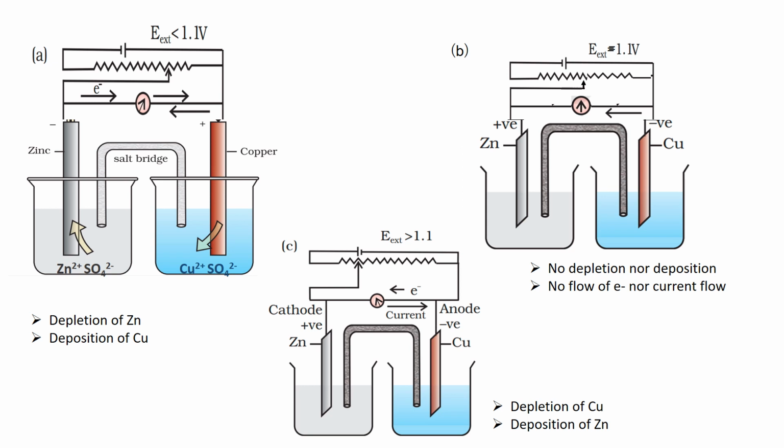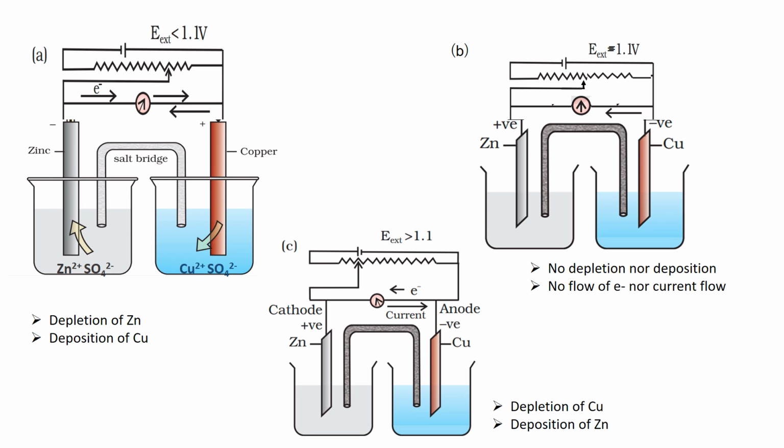Then the electron moves from copper to zinc and the current moves from the cathode to anode, that is from zinc to copper.